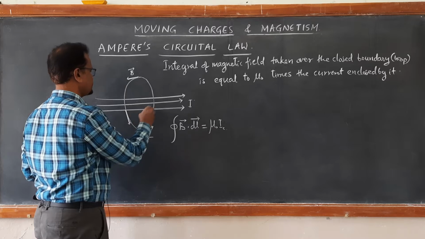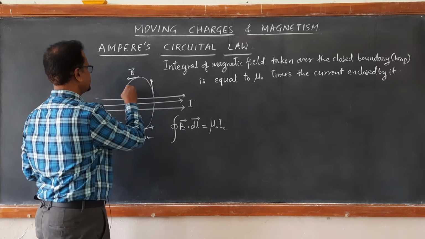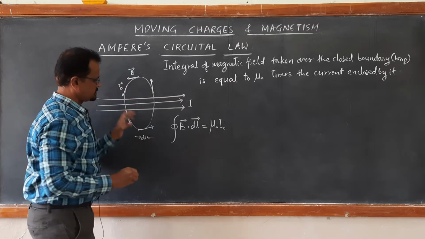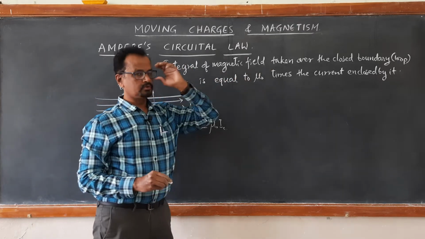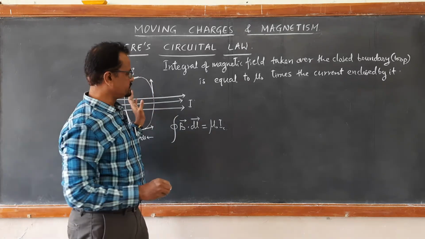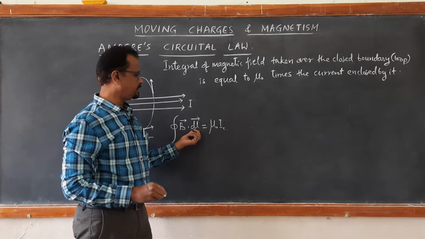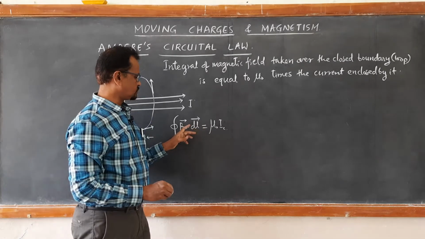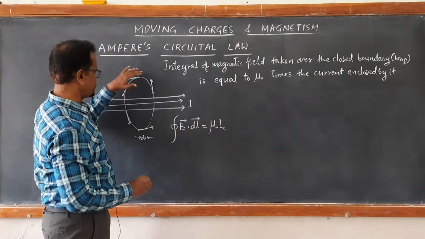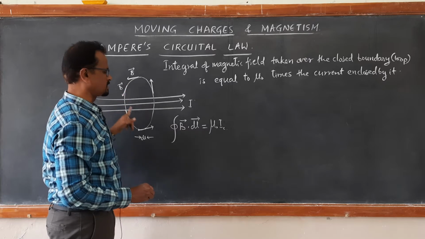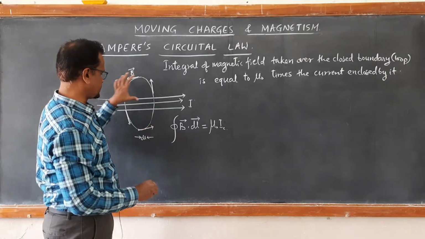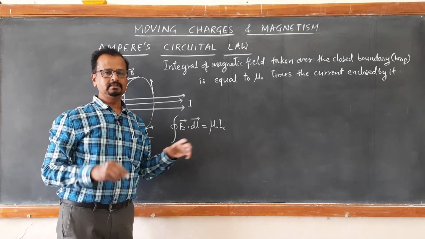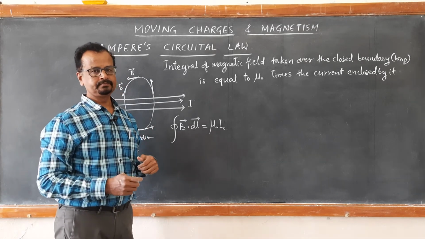So everywhere in such a situation, if the magnetic field is tangential to this closed imaginary boundary, then we get B times the integral of dl equal to mu naught I enclosed. The integral of dl gives you the complete circumference of that loop. If it is circular, it gives you 2 pi r, which is nothing but the total circumference.